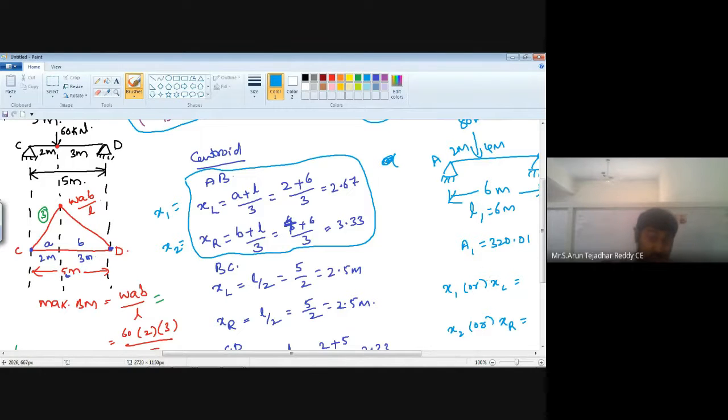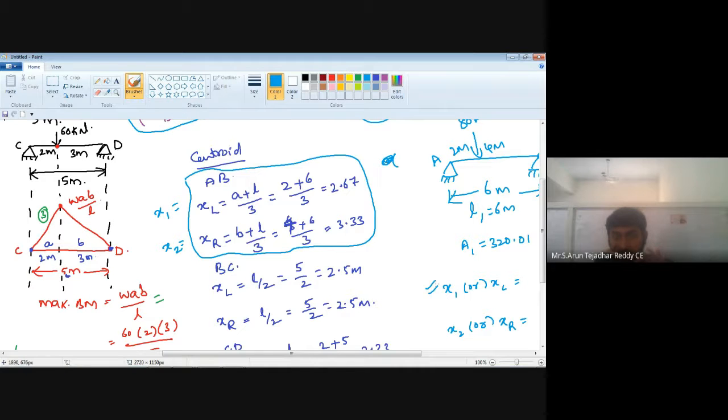What is the actual concept here? When calculating X1 or XL, you can take only the first diagram.